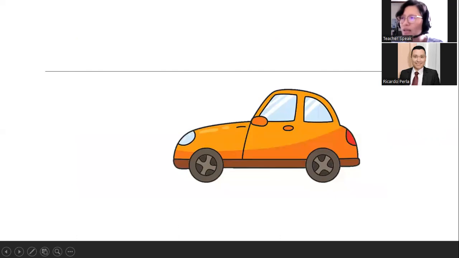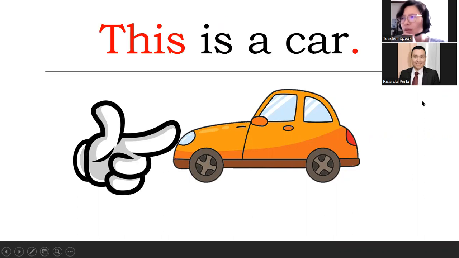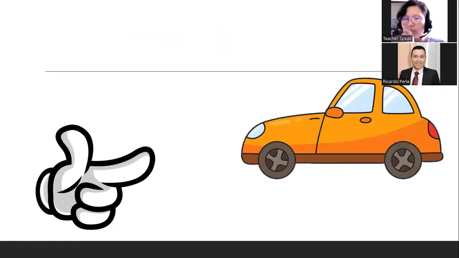For example, in this case, if it's close, which one are you going to use? This. Very good. If it's far, you're going to use? In this case, because it's singular, I use that.